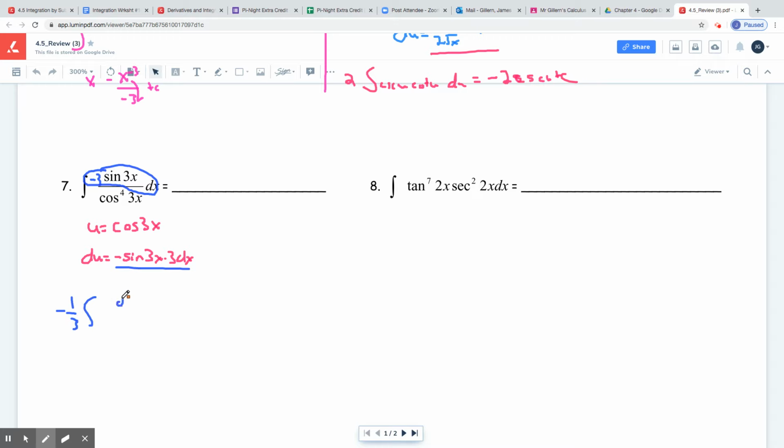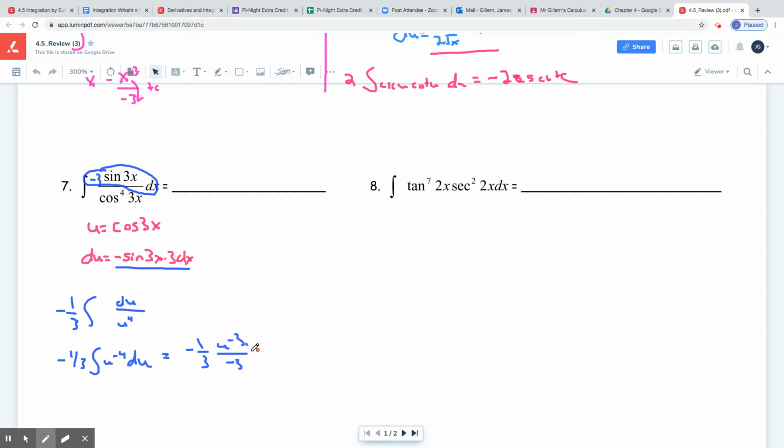The integral of du over cosine 3x to the 4th is u to the 4th, which is really negative 1/3 integral of u to the negative 4th du. So then we just integrate negative 1/3 u to the negative 3rd over negative 3. Negative times a negative is a positive.